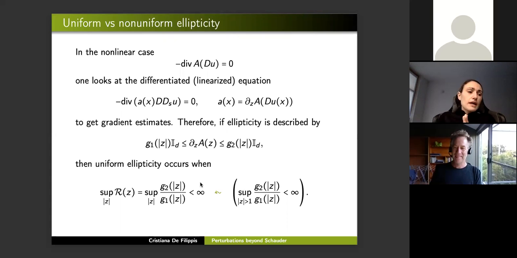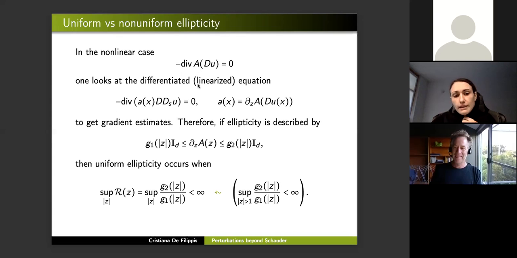Now, let me try to bring this concept of uniform or non-uniform ellipticity into the nonlinear setting. If I consider a nonlinear equation, minus divergence of A of Du equals 0, and I want information about the regularity of the gradient, I need at least at a formal level to differentiate the equation.